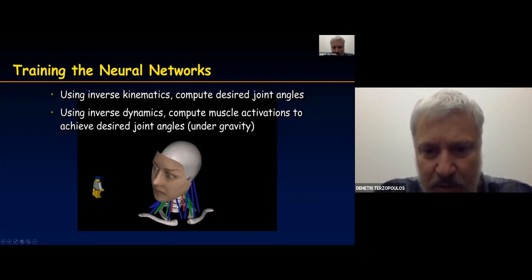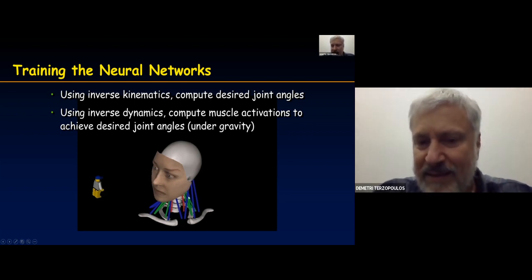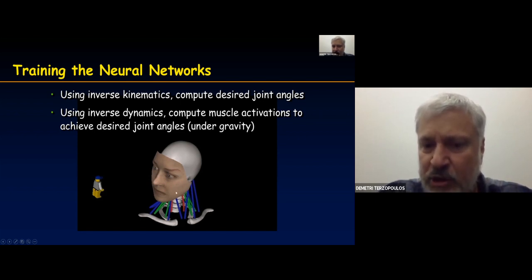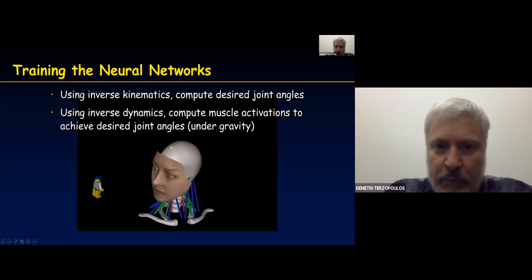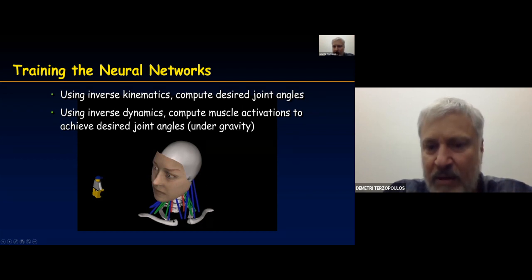So this, we can compute what are the lengths of all the muscles in the system right here. What are the desired lengths to achieve this pose? So this is very easy to do. And then we can compute, with inverse kinematics, the desired joint angles of all the vertebrae, all the joints going up the neck over here.